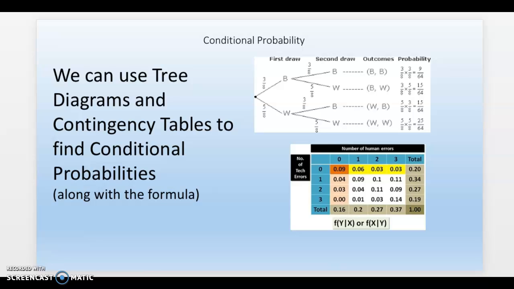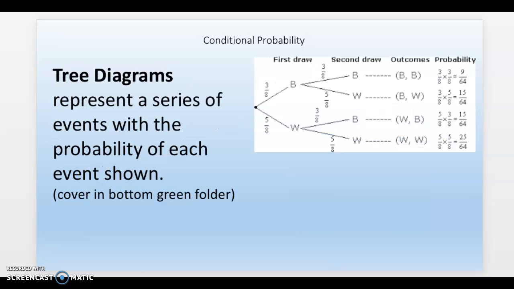Guys, we use tree diagrams and contingency tables to find the conditional probabilities, along with the formula. As for tree diagrams, this is the definition. They represent a series of events with the probability of each event shown. They label each probability, and it shows a sequence of events, okay?